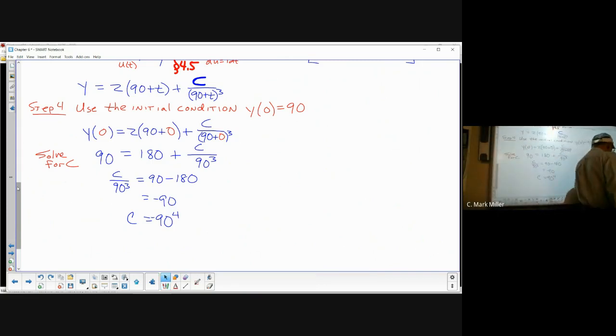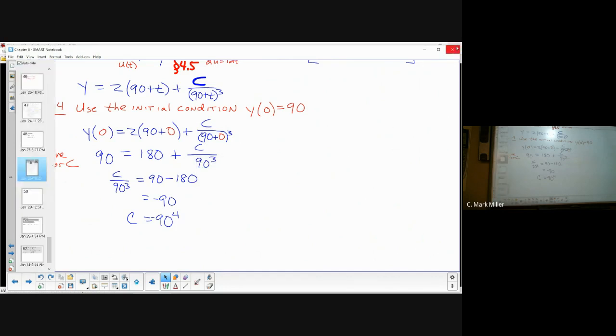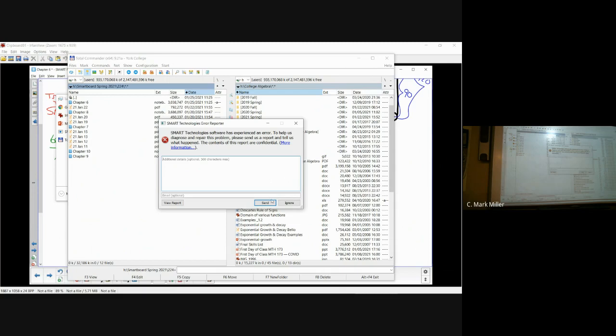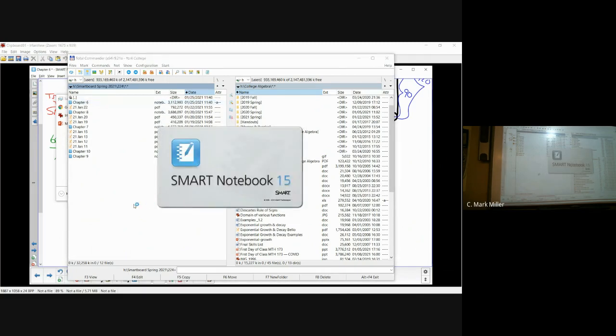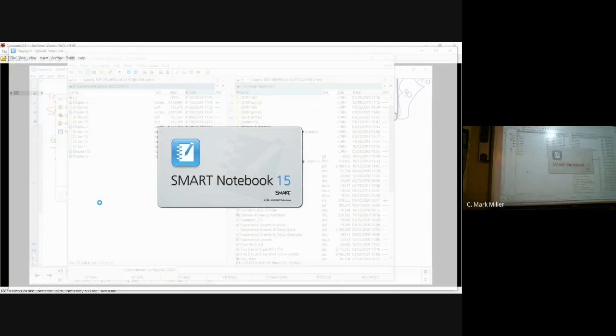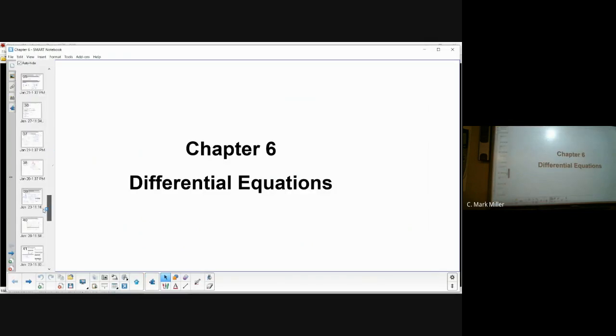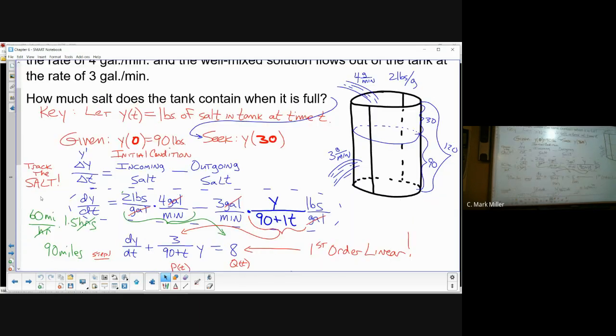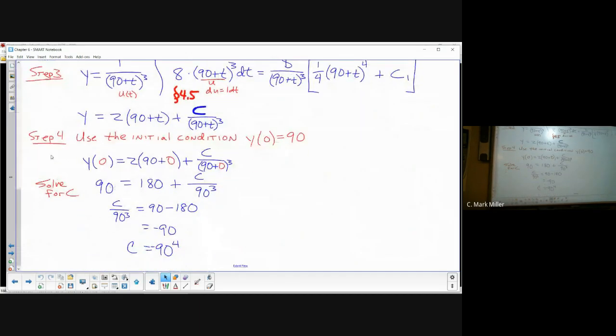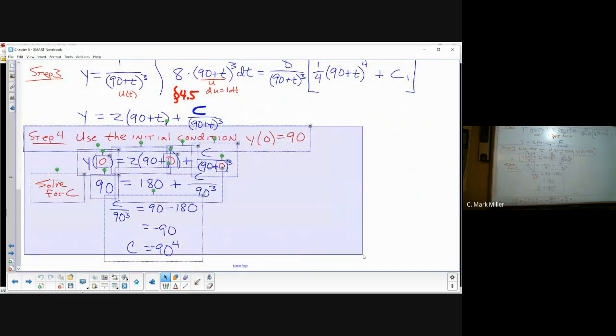Now, I don't want to lose this. I'm going to save that again. All right. I'm going to take this part, go to the next page.